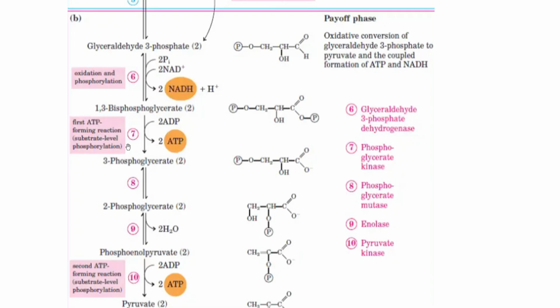The enzyme required here is phosphoglycerate kinase. And then the 3-phosphoglycerate to 2-phosphoglycerate conversion is catalyzed by phosphoglycerate mutase.